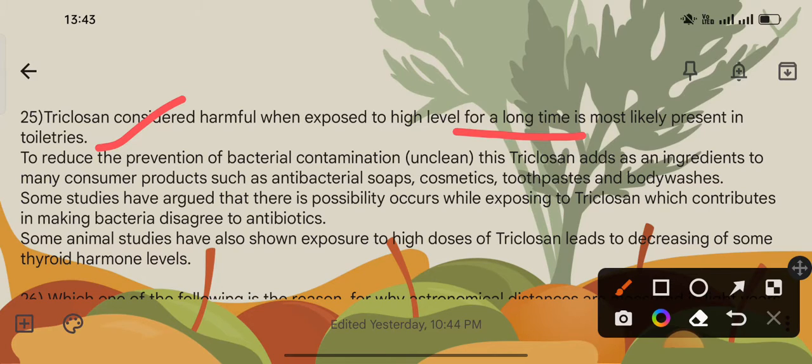Some studies have argued that exposure to triclosan may contribute to making bacteria resistant to antibiotics. Some animal studies have also shown that exposure to high doses of triclosan leads to decreased levels of some thyroid hormones.